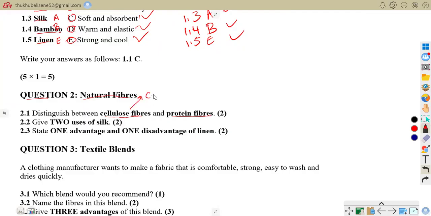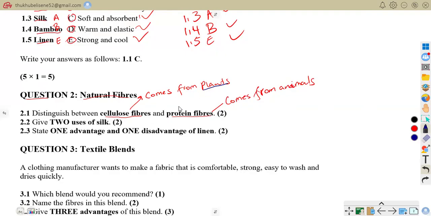Cellulose fiber comes from plants, while protein fiber comes from animals.